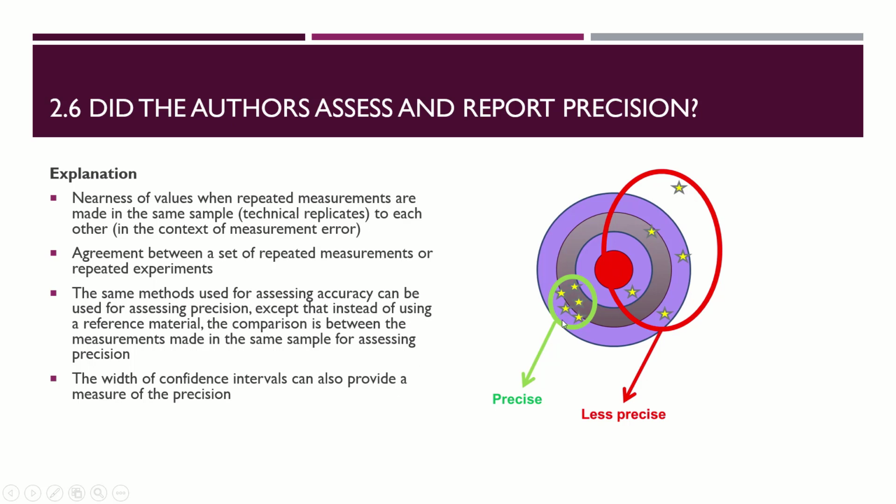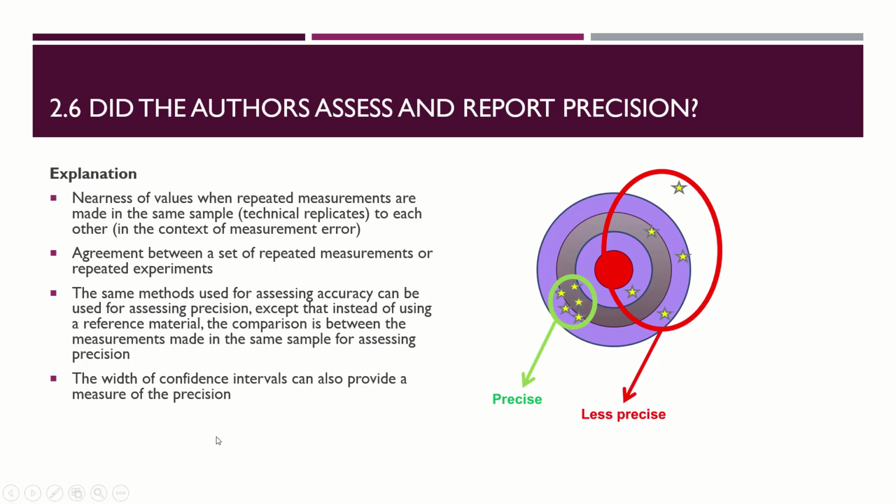It simply indicates agreement between a set of repeated measurements or repeated experiments. So the same methods for assessing accuracy can be used for assessing precision, except that instead of using a reference material, which was the gold standard reference material or a gold standard test, the comparison is between the measurements made in the same sample.